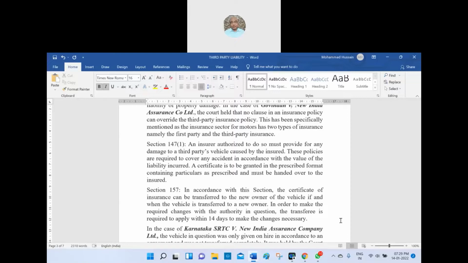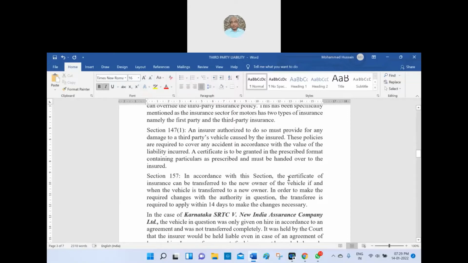These policies are required to cover any accident in accordance with the value of the liability incurred. A certificate to be granted in the prescribed format containing the prescribed particulars must be handed over to the insured. A limited liability would be there for the property damage, that is not more than 7.5 lakhs, but unlimited damages should be there for the bodily injury and permanent or temporary disablement.